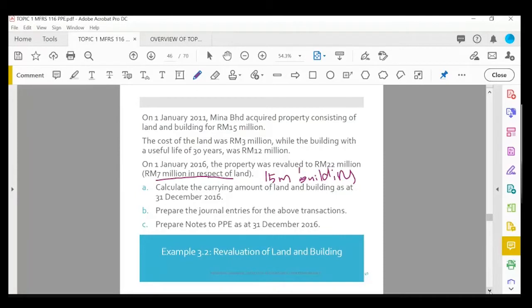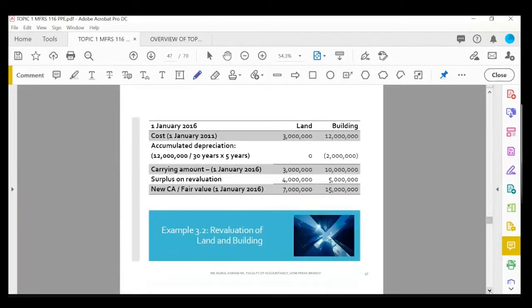When we do the calculation, you have to start your computation from the cost of the asset. It will be easier to find the carrying amount that way, where we start from the cost, calculate the accumulated depreciation, and find the carrying amount before the new transaction happens.